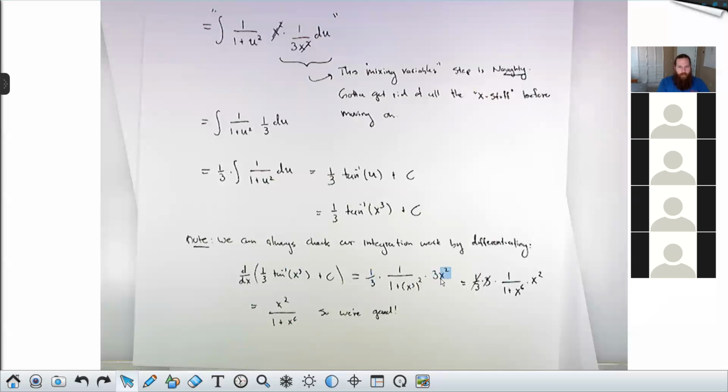I put the x squared over here, and x cubed raised to the 2 is x to the 3 times 2, which is x to the 6. So I rewrote x cubed squared as x to the 6, and I shuffled this 3 out front. And in the last line, x squared times 1 over 1 plus x to the 6 is the same as x squared over 1 plus x to the 6, which was my original function.